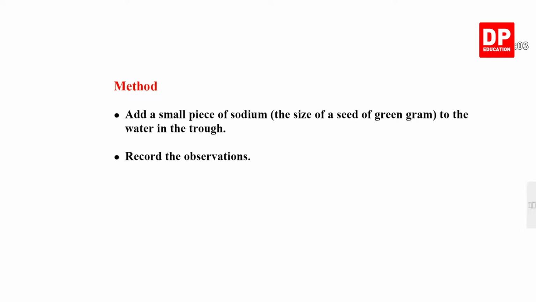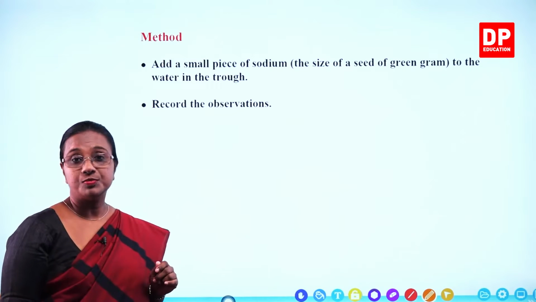So the method: add a small piece of sodium the size of a seed of a green gram, a very tiny piece of sodium, to the water in the trough. Record the observations.